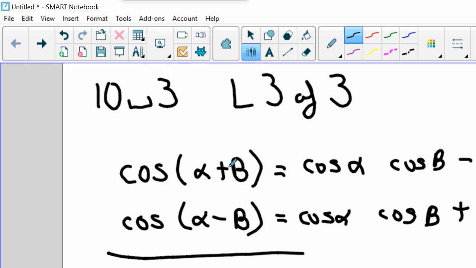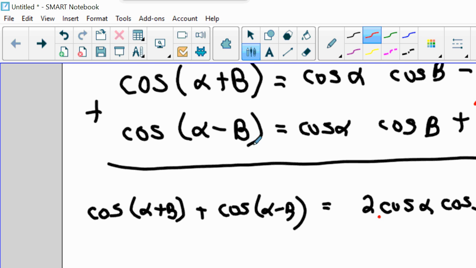And what do you say? We add them. So cosine alpha plus beta plus cosine alpha minus beta equals just 2 cosine alpha cosine beta, because these are opposite in sign.